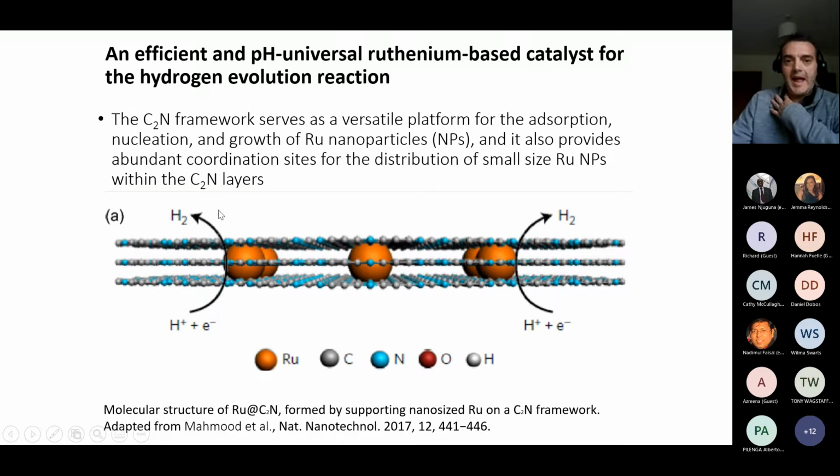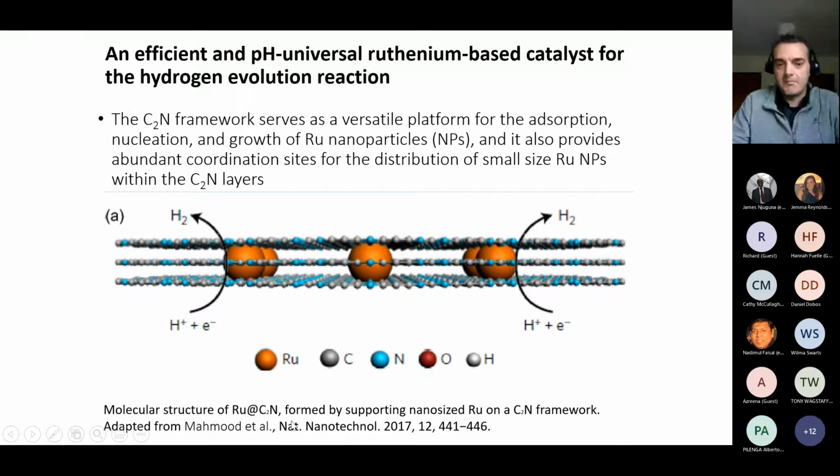So this is what it looked like. They have, as I said, the carbon nitrogen systems in layers, and then the ruthenium in between each layer, producing that electrocatalytic system for the production of hydrogen.